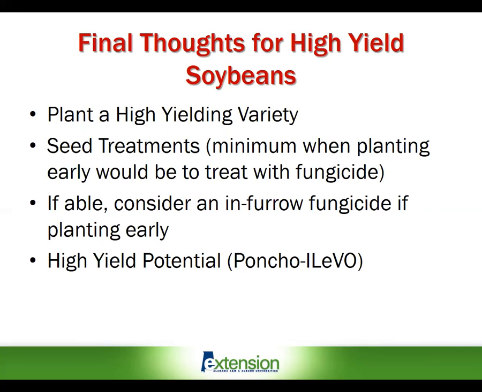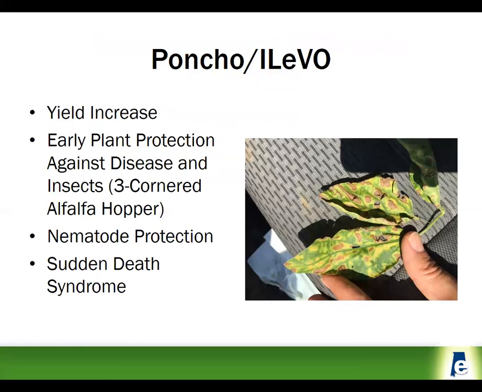Another product that I would look at, and this is for high yield potential, is Poncho Olivo. Now, what Poncho Olivo is, the Poncho is a fungicide and an insecticide, and this insecticide helps us with early season pests.